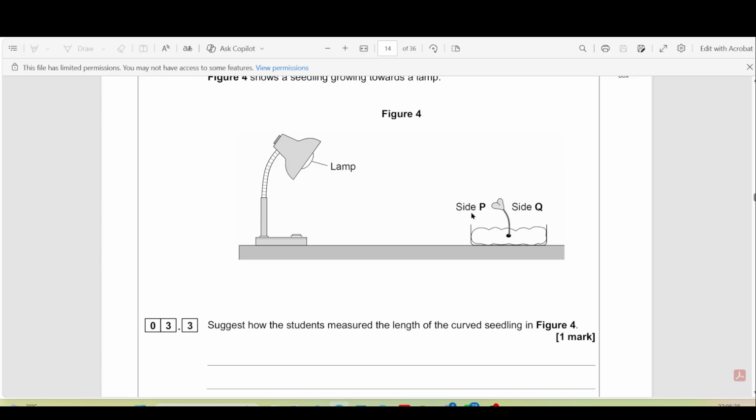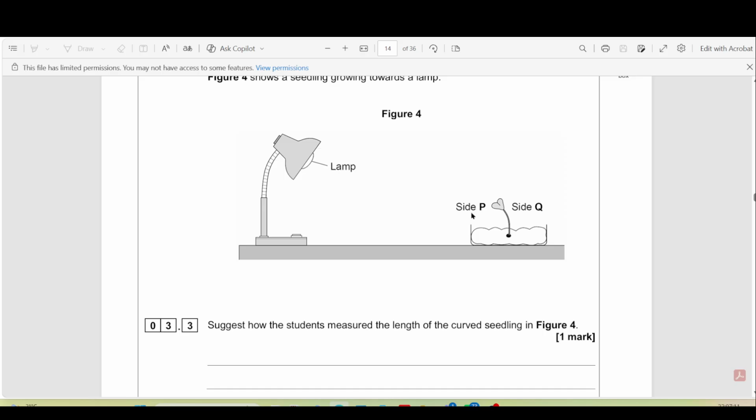So side Q doesn't grow because it has no light on it. So side P curves towards the light source.